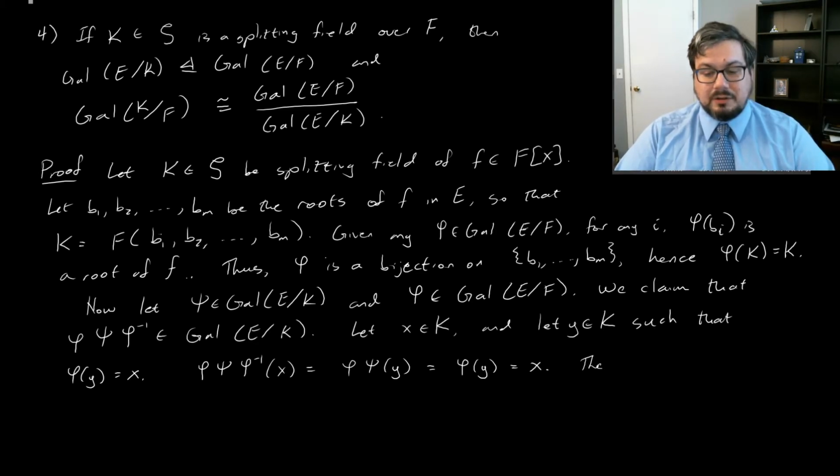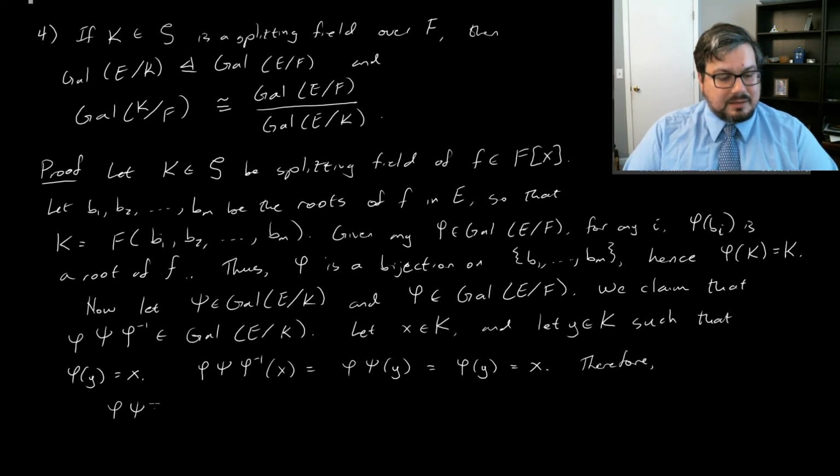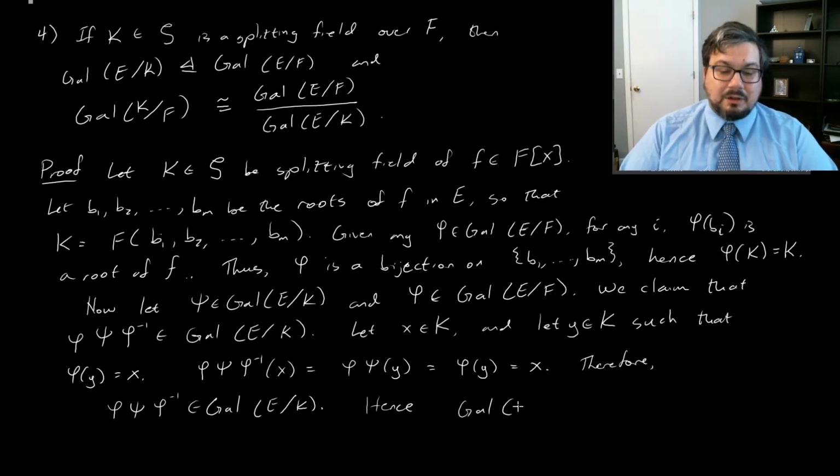So therefore, we have that phi psi phi inverse belongs to the Galois group of E over K. Hence, we have that the Galois group of E over K is normal inside the Galois group of E over F.